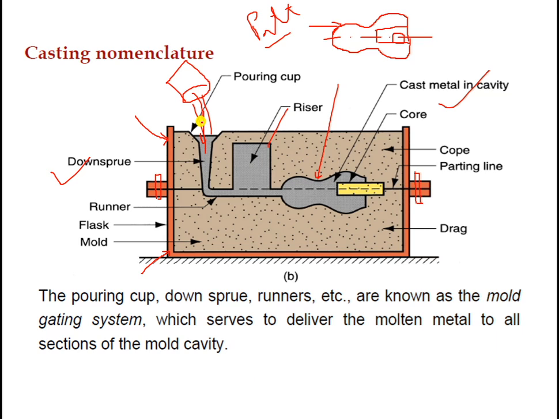So try to remember this nomenclature and the use of each thing I have explained. And this is the sand, which, along with the mold cavity, makes up the mold used for making this particular component.